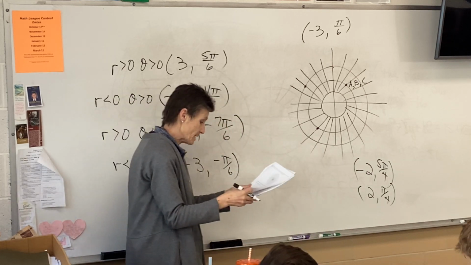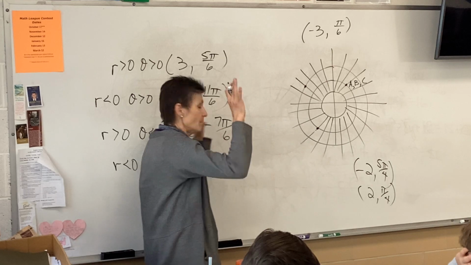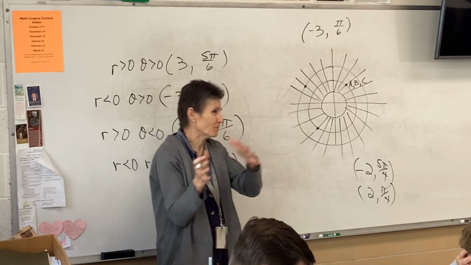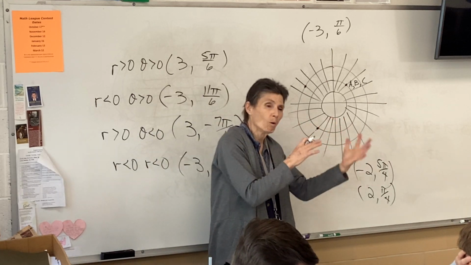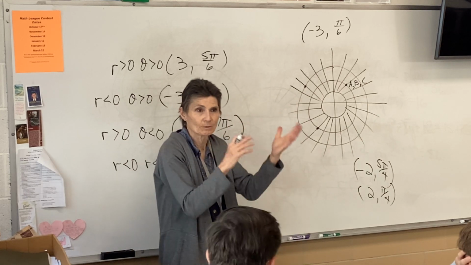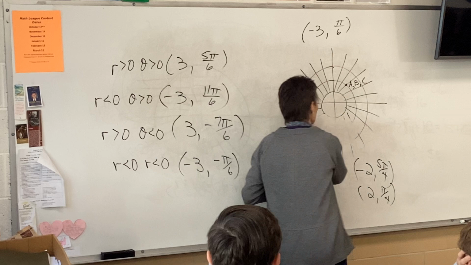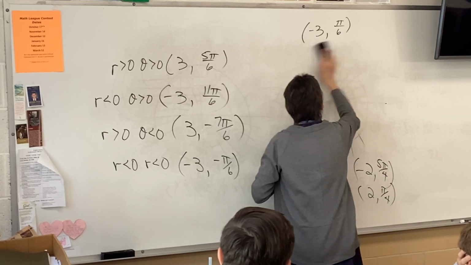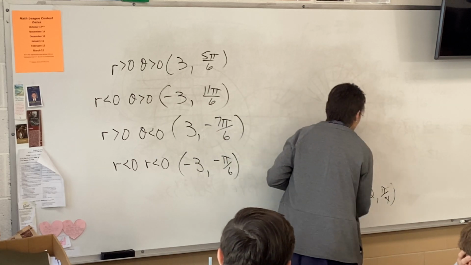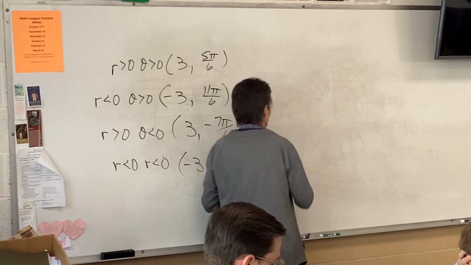Okay, well, as you can imagine, the fun in all this is moving back and forth, going from polar to rectangular and rectangular to polar. How does that work? Well, you guys, it is so easy. Let's look at our rectangular system.